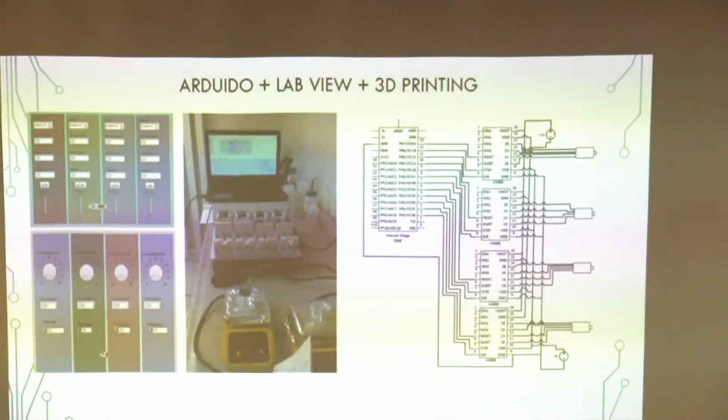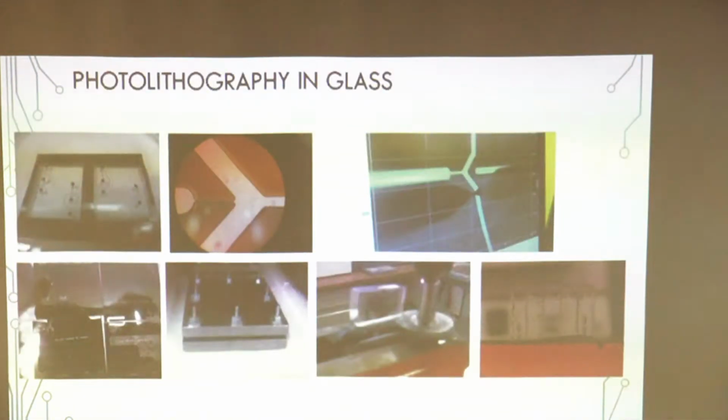We use LabVIEW to program these pumps. It's a syringe pump that is controlled by this software on a computer, and we can precisely control the injection of liquids into the chip.